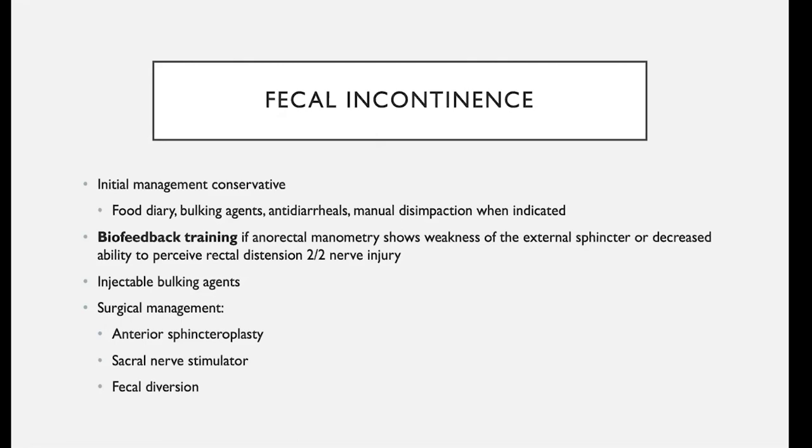Surgical management is typically for those that still have fecal incontinence after biofeedback training and initial conservative management. And this includes a sphincteroplasty, sacral nerve stimulator, and then in really severe cases, one can consider fecal diversion.